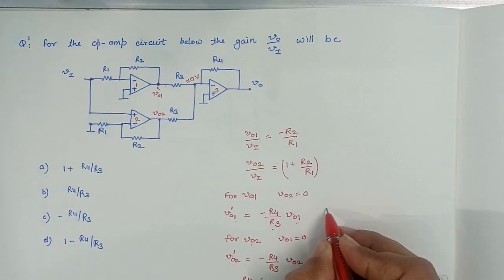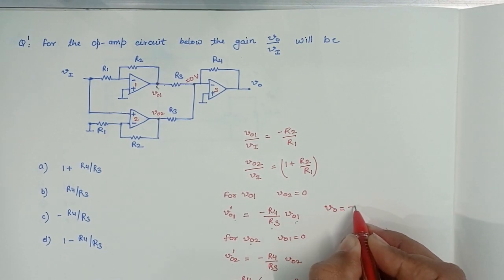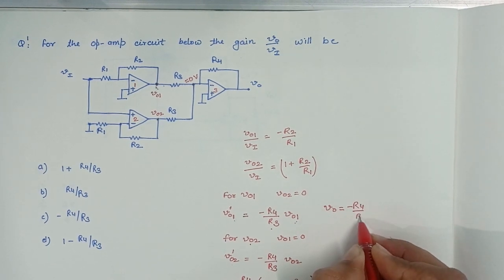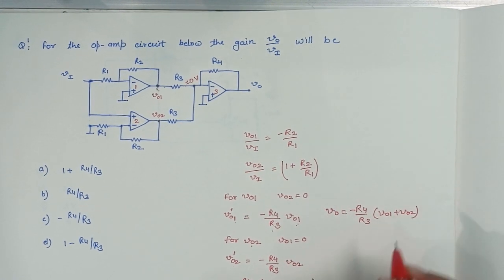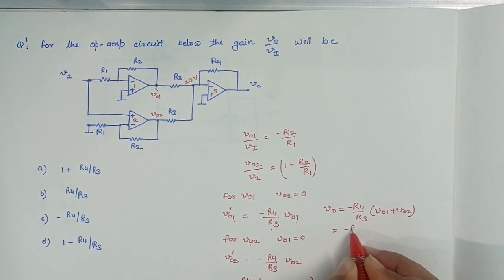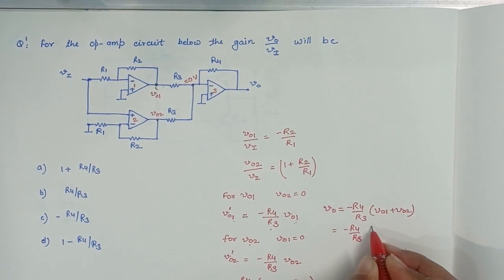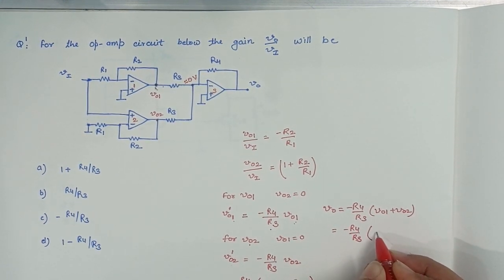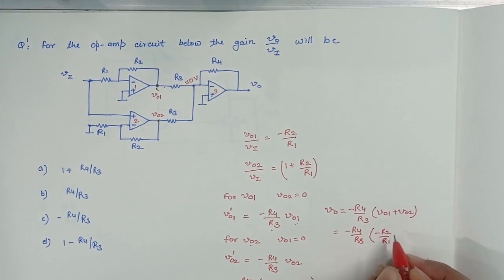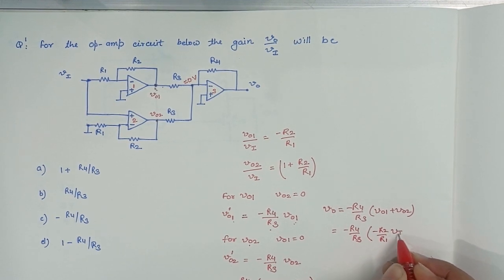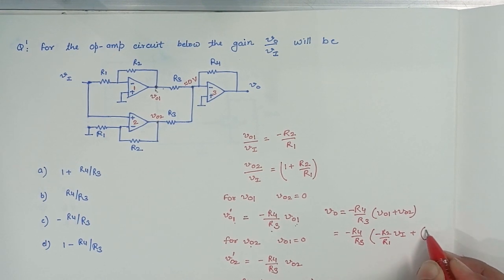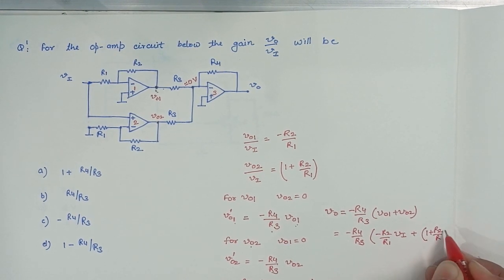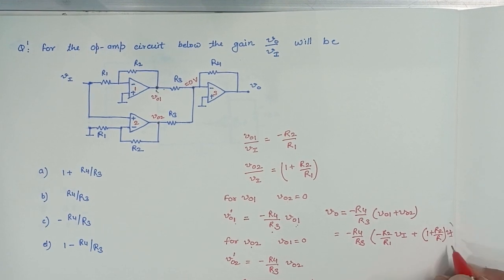Now the total voltage will be equal to minus R4 by R3 times V01 plus V02, where V01 is equal to minus R2 by R1 times Vi, and V02 is equal to 1 plus R2 by R1 times Vi.